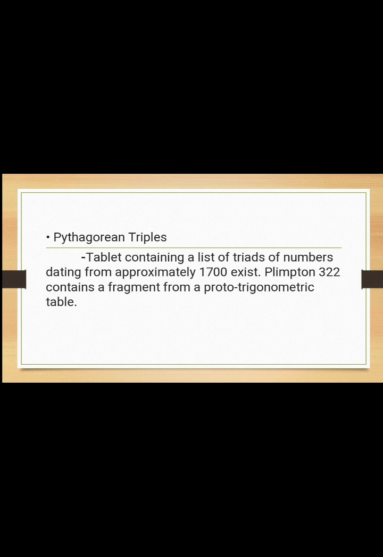A tablet containing a list of triads of numbers dating from approximately 1700 BC exists. Plimpton 322 contains a fragment of a proto-trigonometric table.